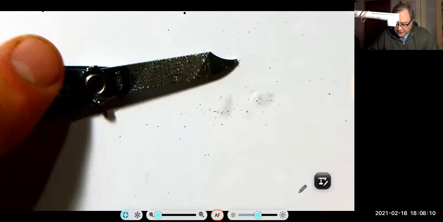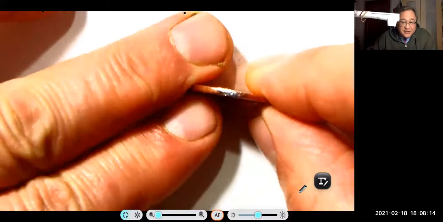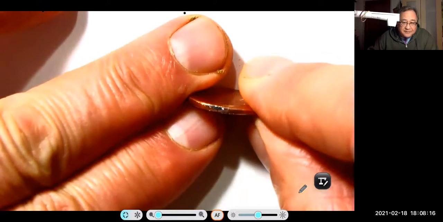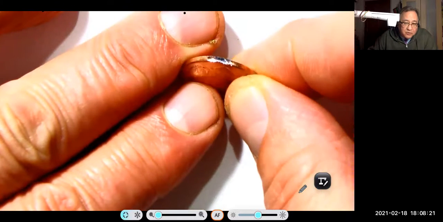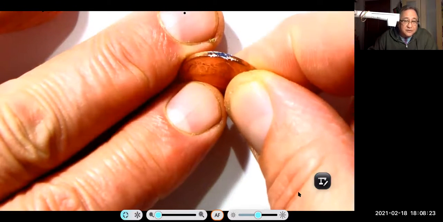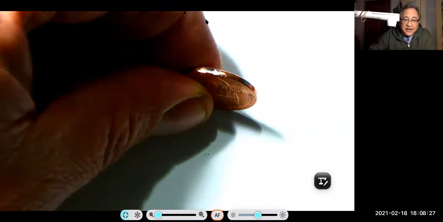So here I've rubbed the edge of the penny, and let's take a look at the edge of the penny. Can you see how I've roughed up the edge of the penny? And the roughed up edge of the penny is not copper colored anymore, it's silver. And it's silver because what's inside the penny is zinc. It's only copper coated.